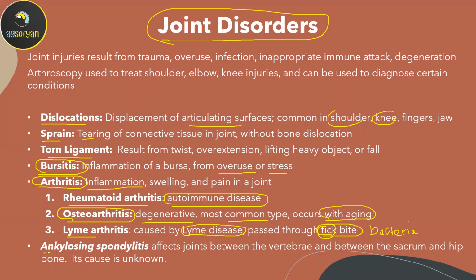There is another one called ankylosing spondylitis. This usually affects the joints between vertebrae. Sometimes the cause is unknown. So there is sometimes a problem in the joints between vertebrae with unknown cause, and this is called ankylosing spondylitis.